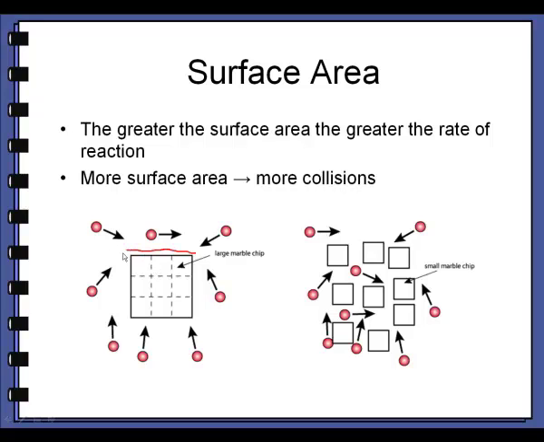Since this is two-dimensional, only things that could combine with each side of the surface could possibly react. Whereas here, in smaller particles, you can see that there's greater total surface area exposed if we compare the small chips versus the larger one. And as a result of this, the rate of the reaction would increase.